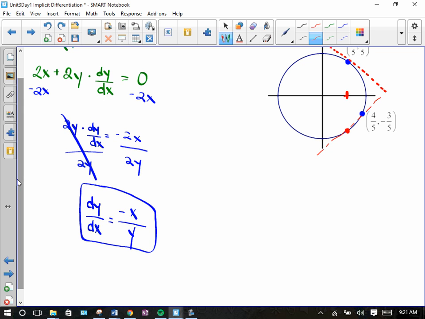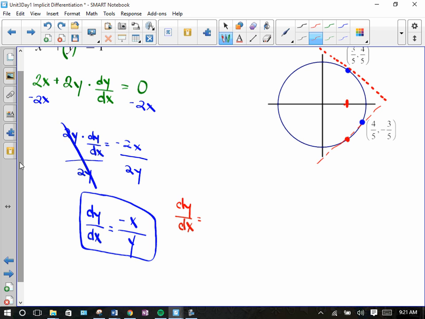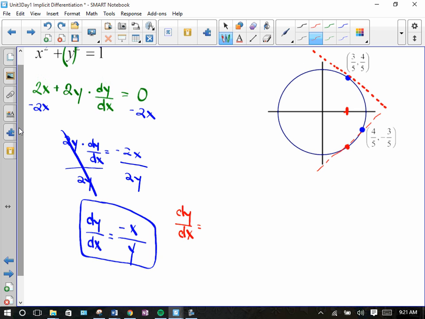So let's find the slope of the tangent line. You have dy dx is equal to negative x, so the opposite of 3/5, which is negative 3/5, divided by y, which is 4/5.